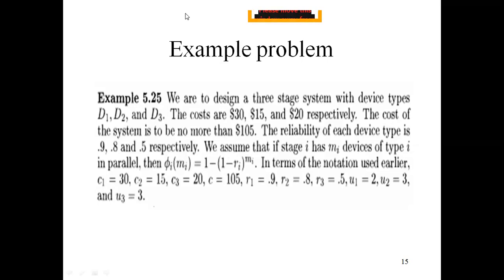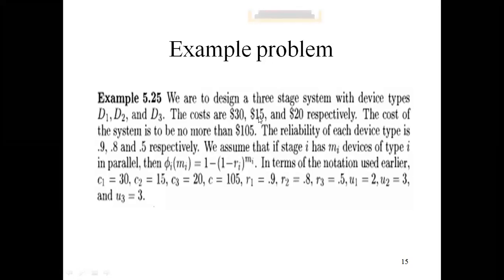So we have three types of devices, D1, D2, and D3. The costs are $30, $15, $20 respectively. That means the cost of a D1 device is $30, the cost of a D2 device is $15. What is the cost of a D3 device?